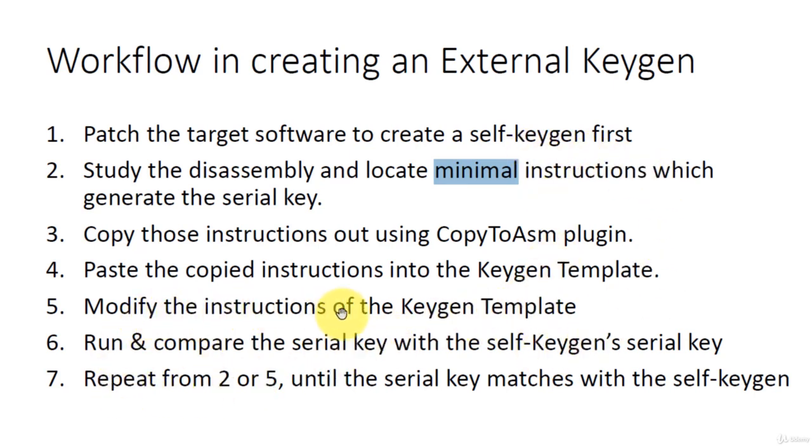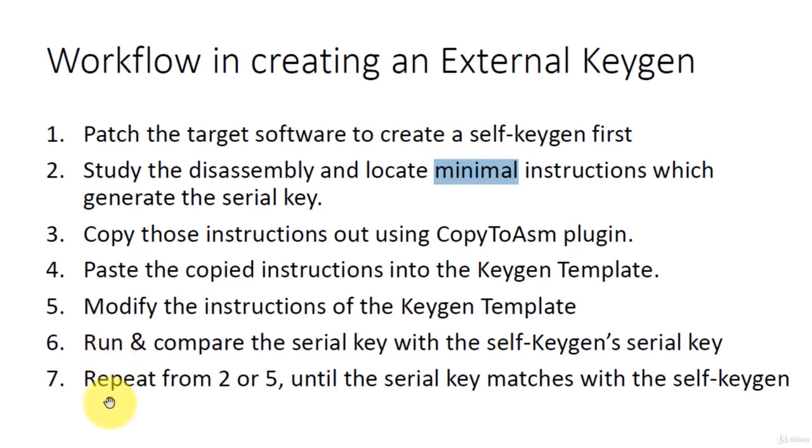After you modify your keygen template with the pasted code, you need to test it. And how would you know that the serial key generated is correct? You can compare it against the self-keygen serial key. If your external keygen can produce the same serial key as your self-keygen, that means you have correctly written your external keygen.